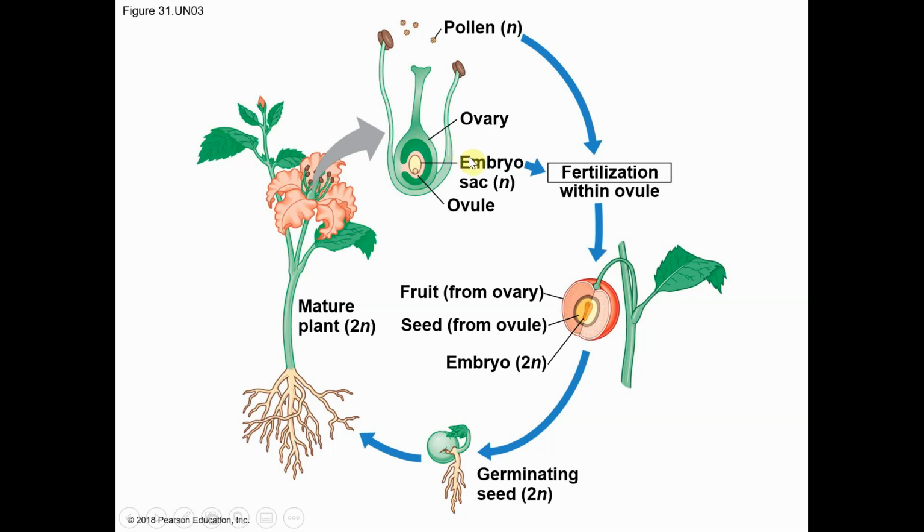Inside each ovule is an embryo sac. And so when that fertilization takes place, then that will develop into a seed. The ovule itself develops into the seed, and then the ovary develops into the fruit. And so once that fruit is dispersed, eventually that seed will hopefully land on a great area and start germinating. Germinating needs water. And so then it grows into the mature plant.